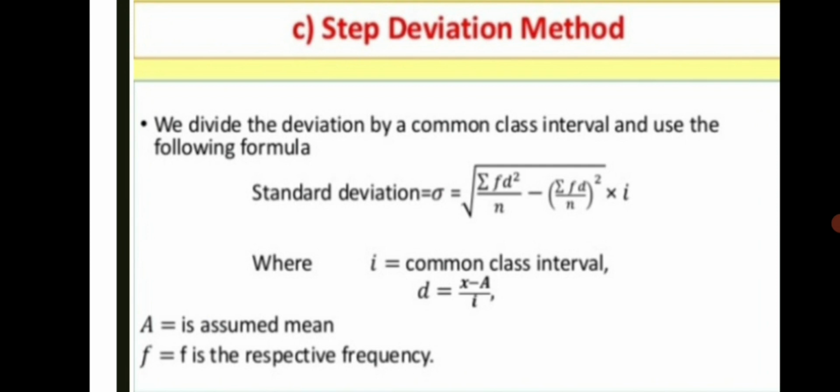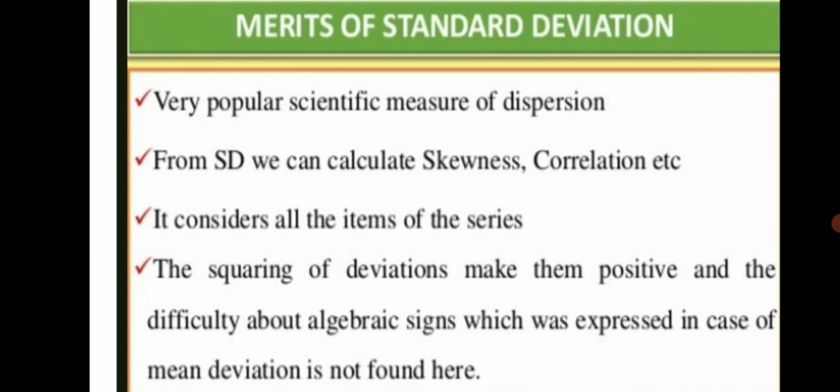We divide the deviation by the common class interval and use the following formula: sigma is equal to square root of sigma f d square upon n minus (sigma f d upon n) whole square, into i, where i is the common class interval, d is equal to (x minus a) upon i, a is the assumed mean and f is the respective frequency.